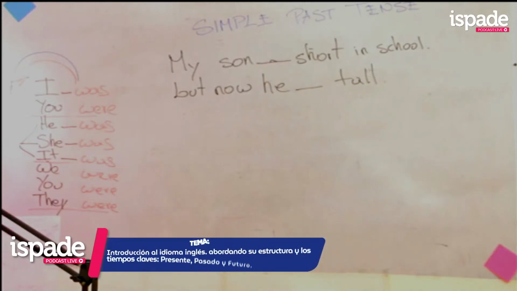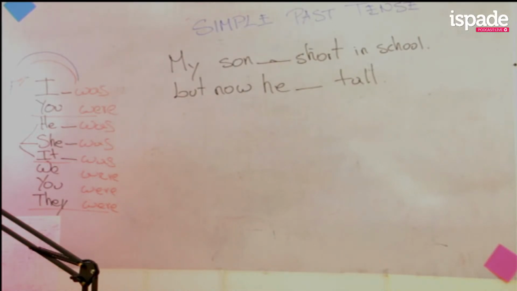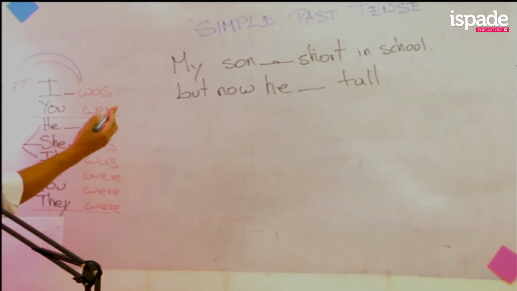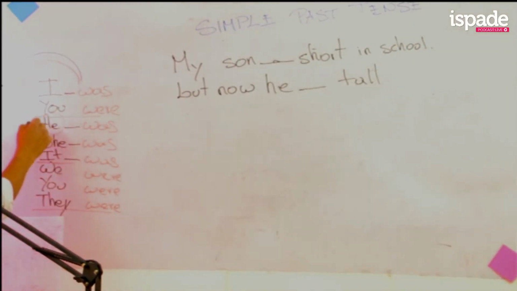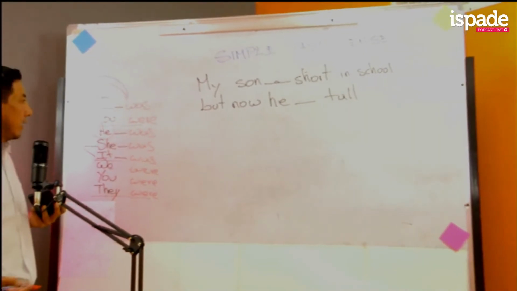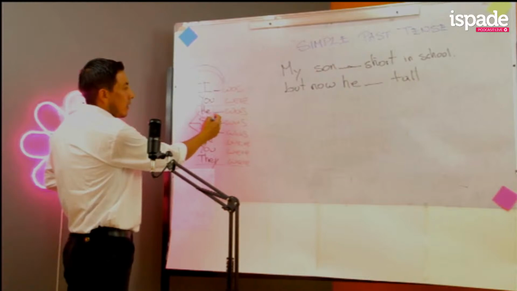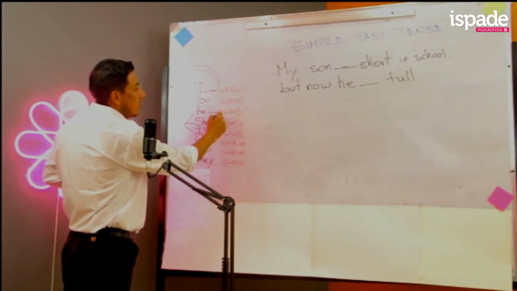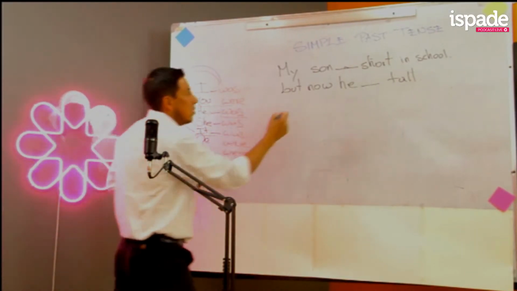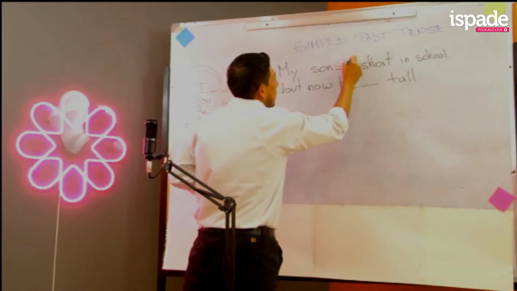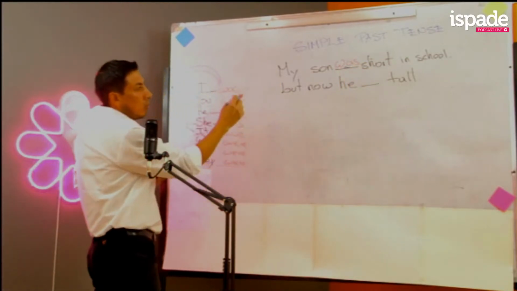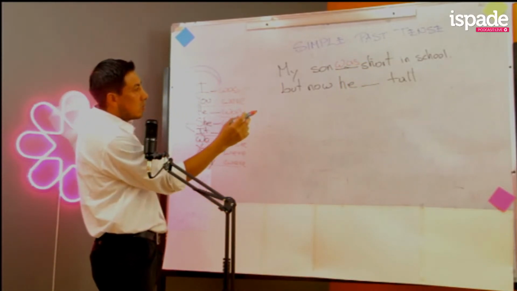Here we got my son. Who are we talking about? My son. Who is he? My son, he. Mi hijo, él, he. If I say mi hijo, I'm talking about he. The rule says that I got to use was. My son was short in school.